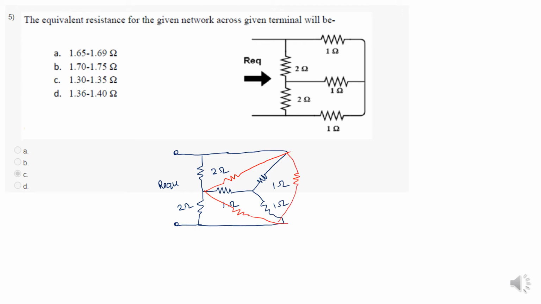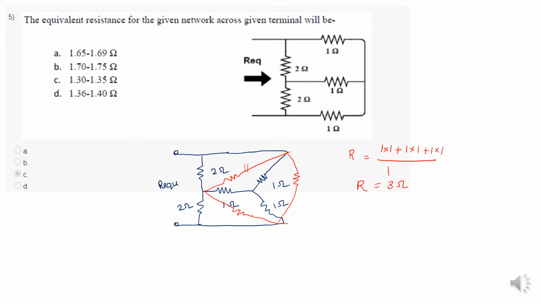Okay, how to find out the delta value? Delta value R is equal to, here the opposite resistance. Which one is opposite for this one? That is 1 ohm. Here multiply two resistances together: 1 into 1 plus 1 into 1 plus 1 into 1. So 3 divided by 1, 3 ohm. Now I get the value.